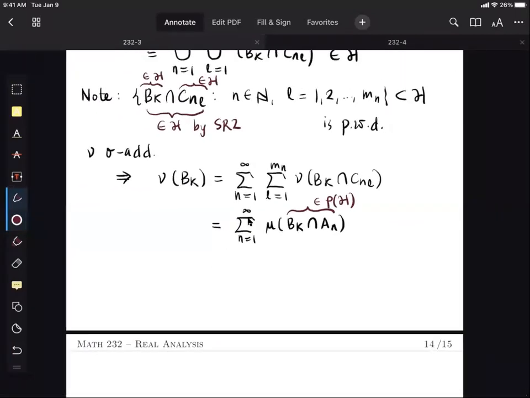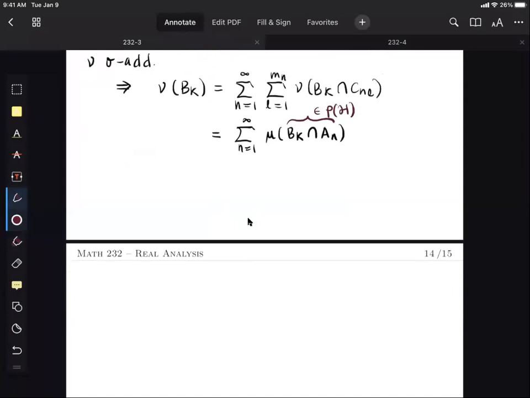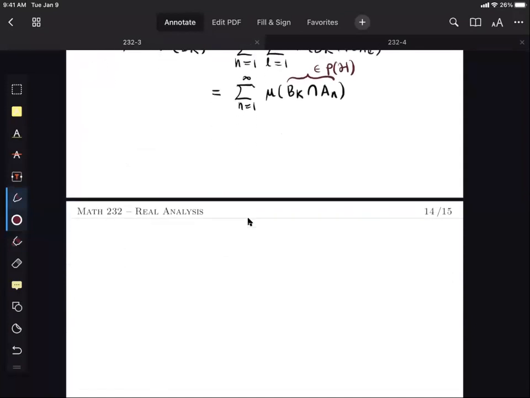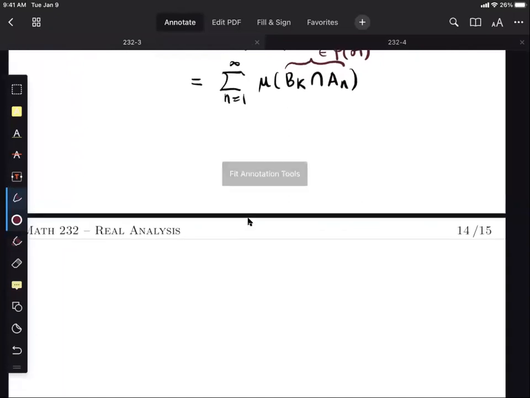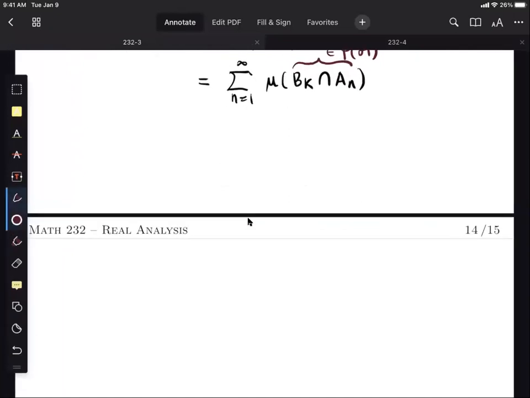Now we apply this in the following equation. Thus, we would have the following. So mu of A, this is simply applying the definition of mu. Why is this the case?